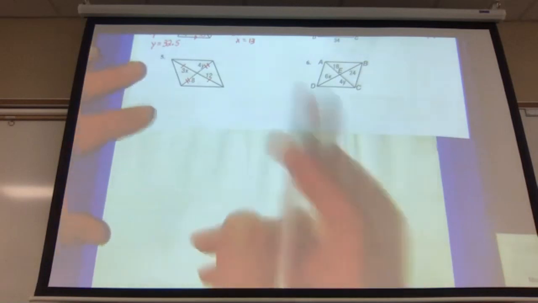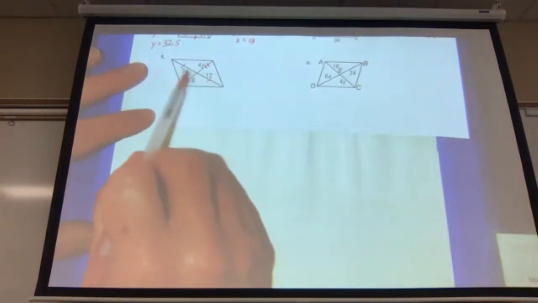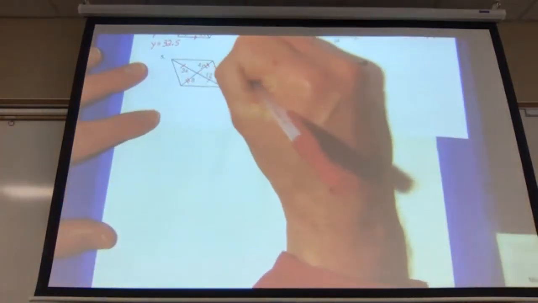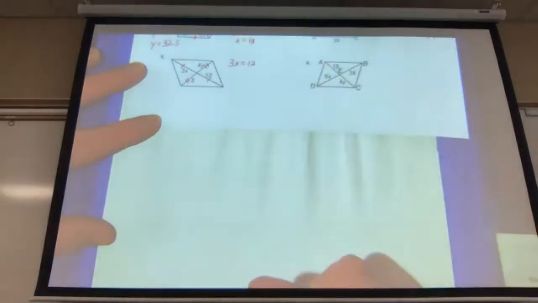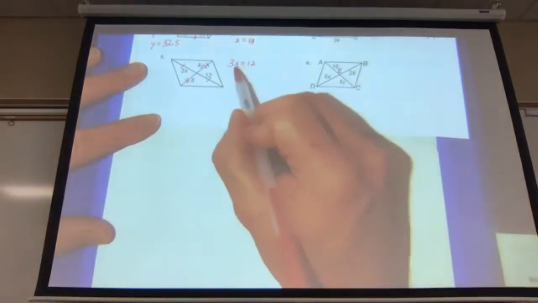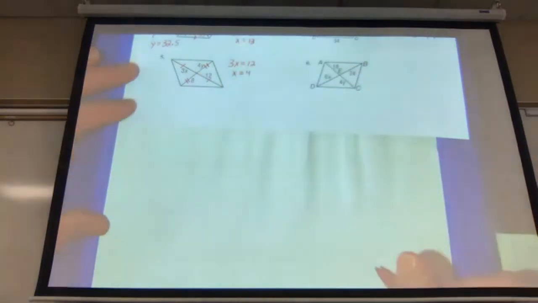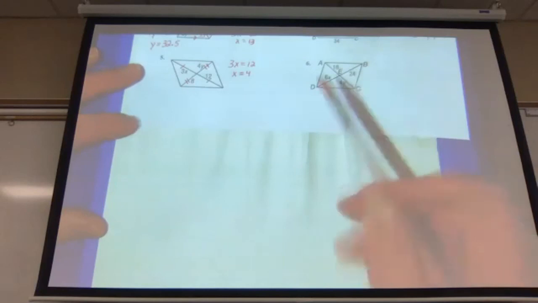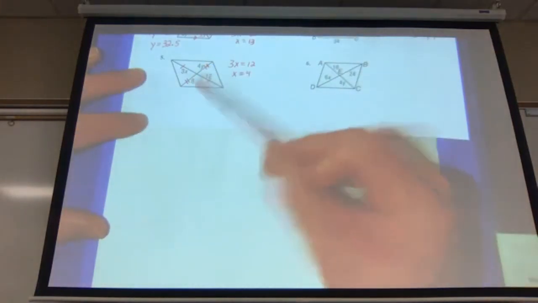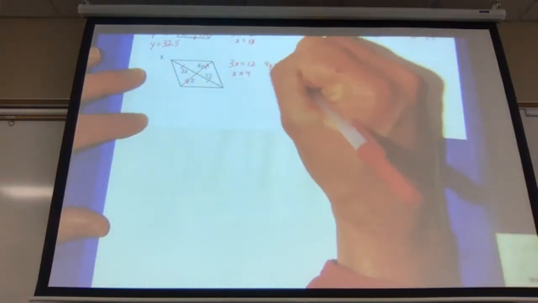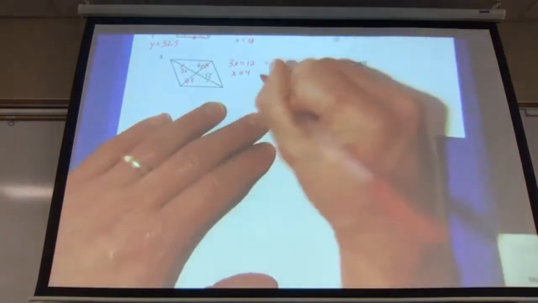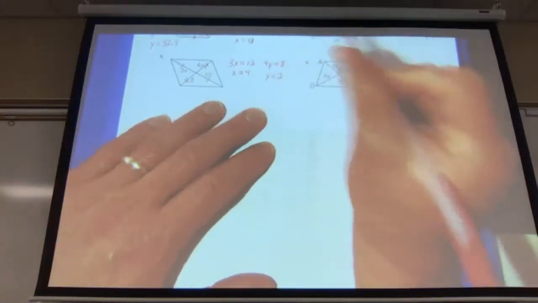And then once you mark those parts, you can put your equations together. 3x and 12 will be equal. Divide both sides by 3, x is going to be 4. And then your other equation, the 4y and the 8, will be congruent. Divide by 4 on that one gives you y equals 2.